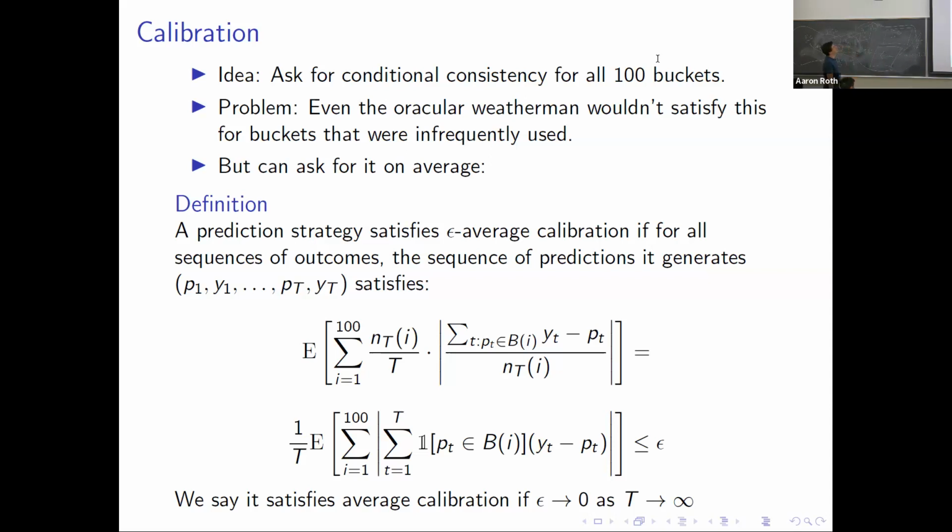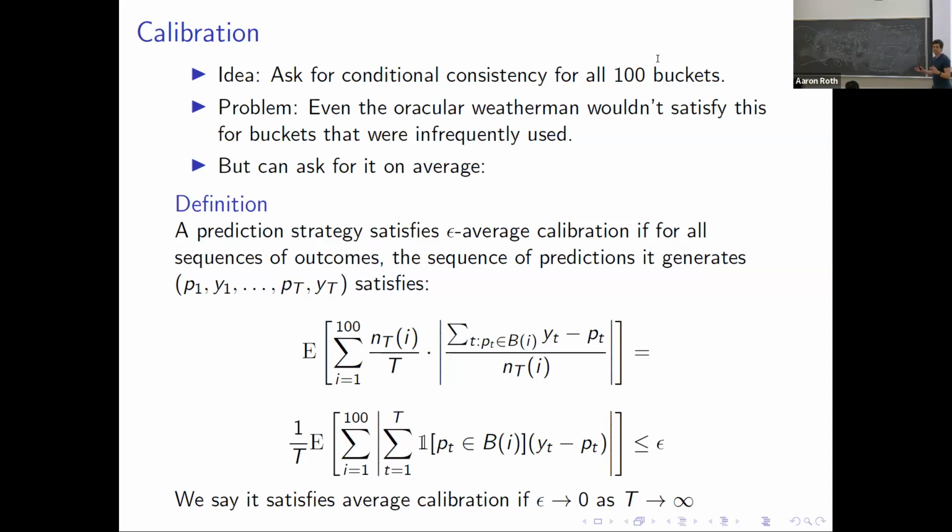We'll say that a prediction strategy satisfies epsilon average calibration if, no matter what the sequence of outcomes is, when I average over all of the 100 buckets, on days when the weatherman predicts a 1% chance of rain, a 2% chance of rain, a 3% chance of rain, etc., each bucket weighted in proportion to how frequently we make predictions in that bucket, and what I'm averaging is the conditional average consistency error in that bucket, this quantity should be small, less than epsilon.